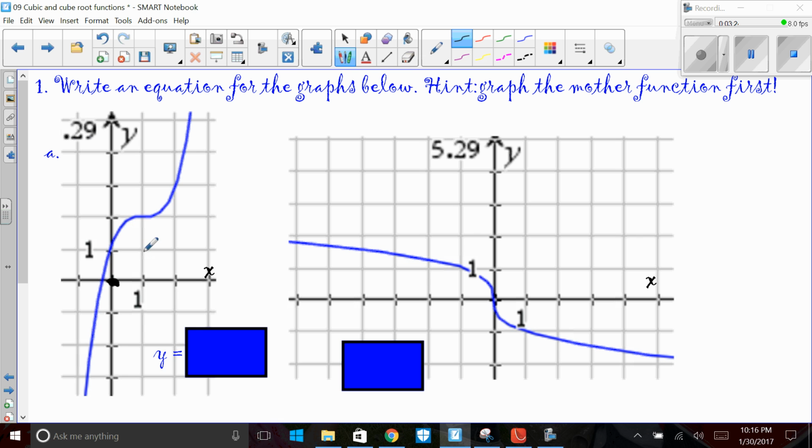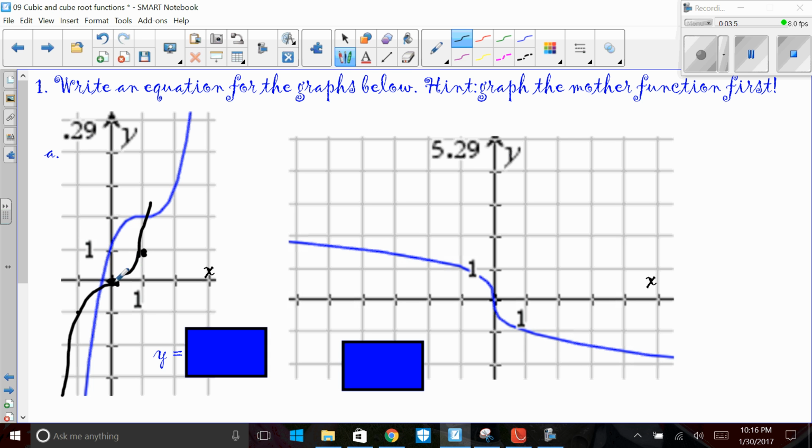When x is 1, y is 1, because 1 times 1 times 1 is 1. So the mother function looks like that. And then when x is negative 1, negative 1 times negative 1 times negative 1 is negative 1. So that's another point. So the mother function looks like this.